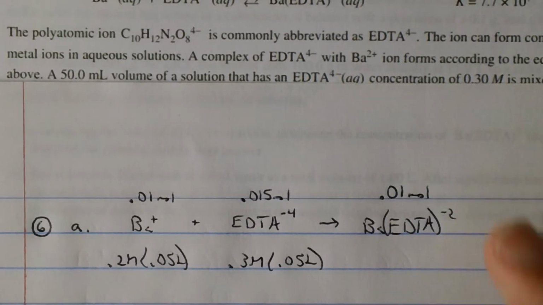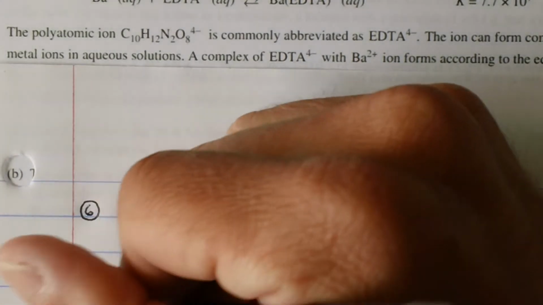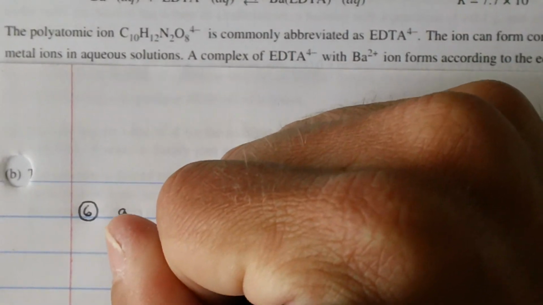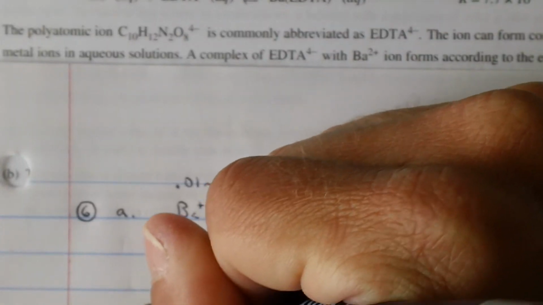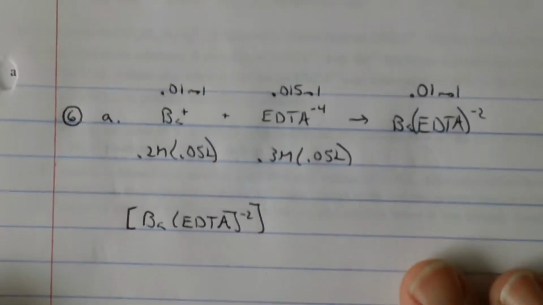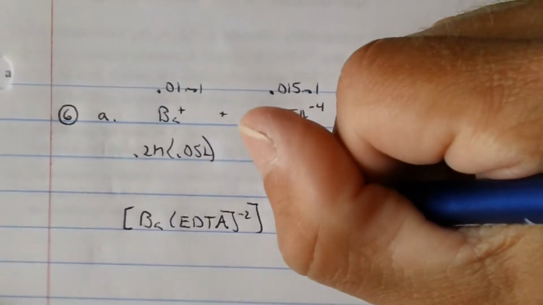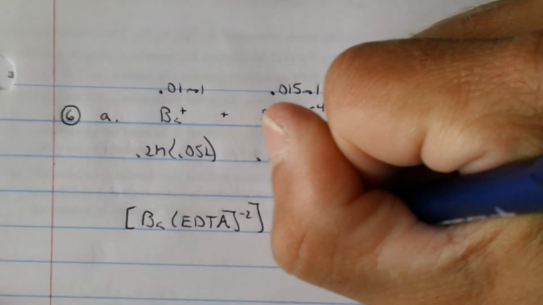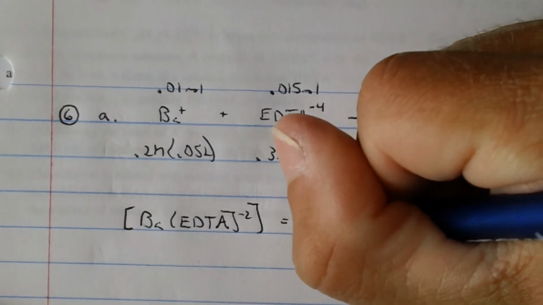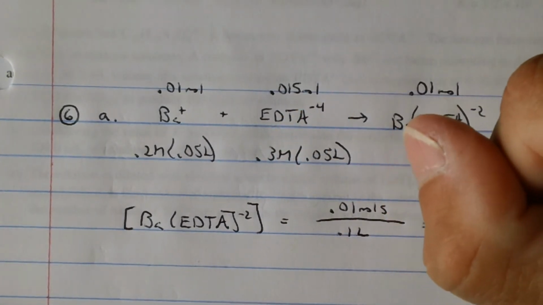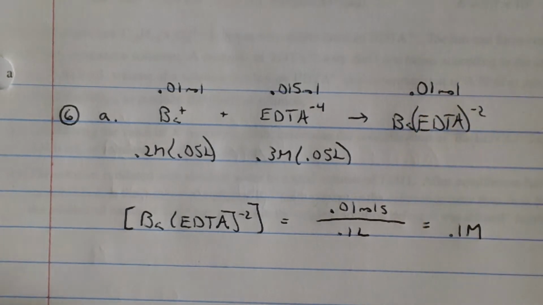The concentration of that at the end, and I would probably write it out so they can see it, is going to be 0.01 moles divided by the cumulative volume, which is 0.1 liters, and so the molarity is 0.1 molar.